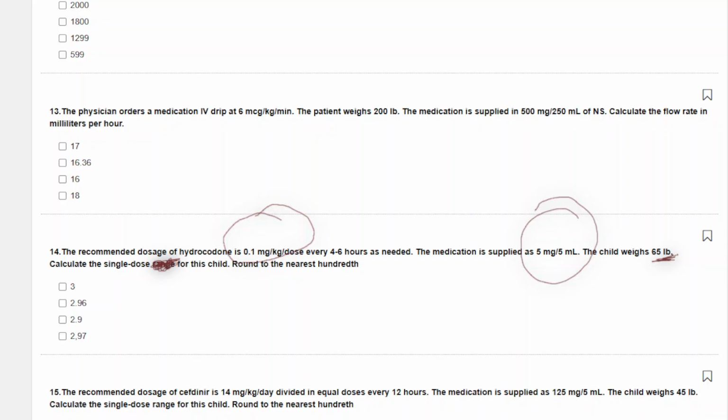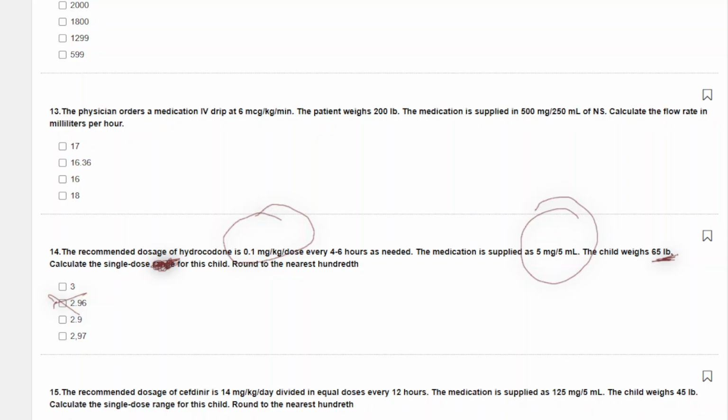You got 29.5. Okay, let's round that to 29.55. Multiply by 0.1. You got 2.96. There we go. In this particular exercise, they round the weight to the nearest hundredth before they plug that in. All right.